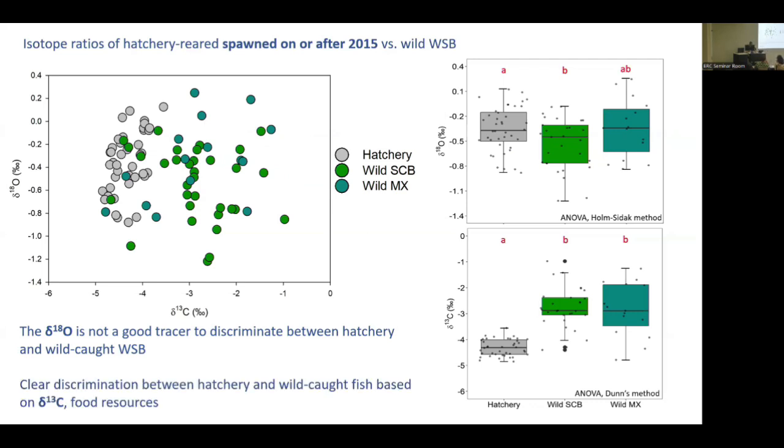And just looking at the carbon, we can say that it is a good tracer to identify between wild and hatchery fishes.